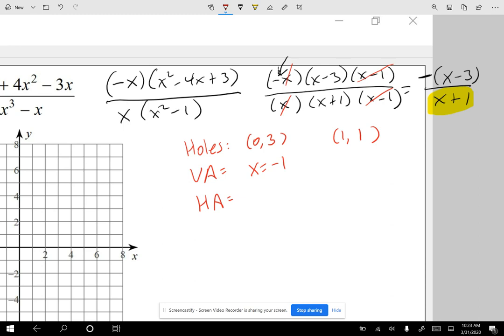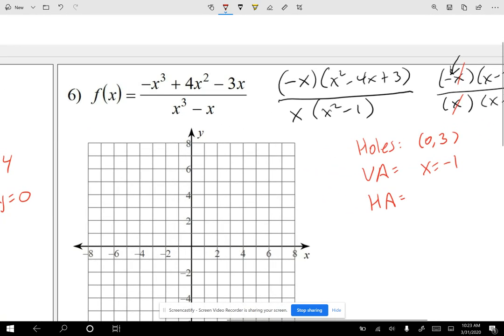Now for my horizontal asymptote, I look at the very beginning. I look at my highest exponents. My highest exponents are equal. If the highest exponent was bigger at the bottom, my horizontal asymptote is equal to y equal to 0. Because they are equal, I'm going to look at the numbers in front of the x to the third.